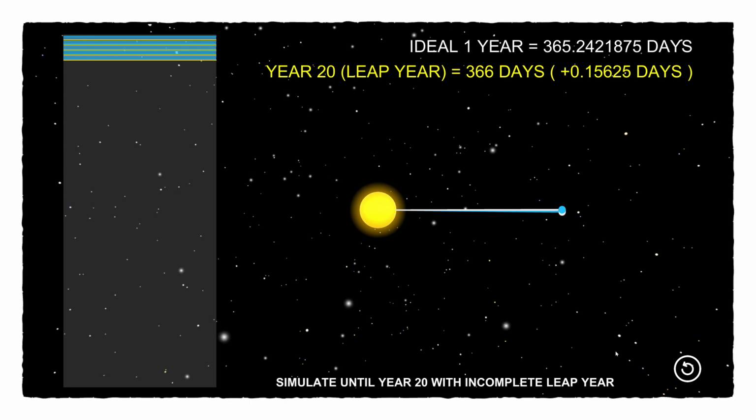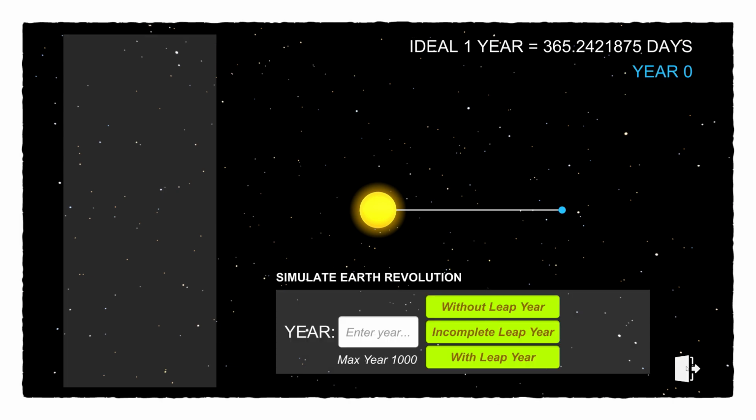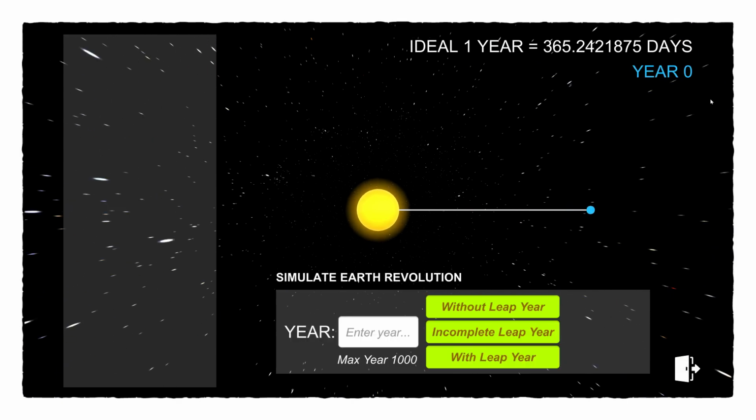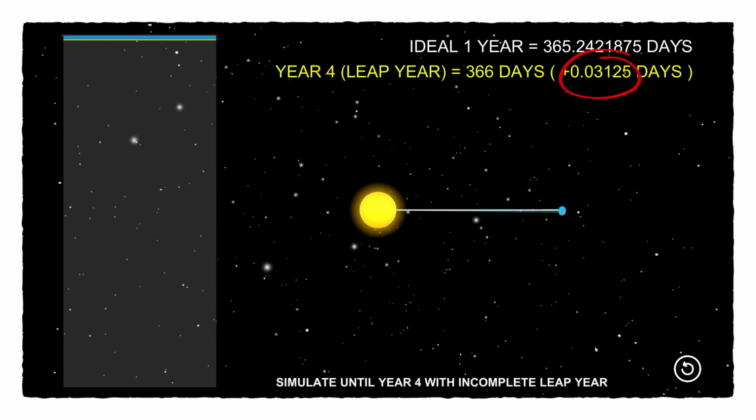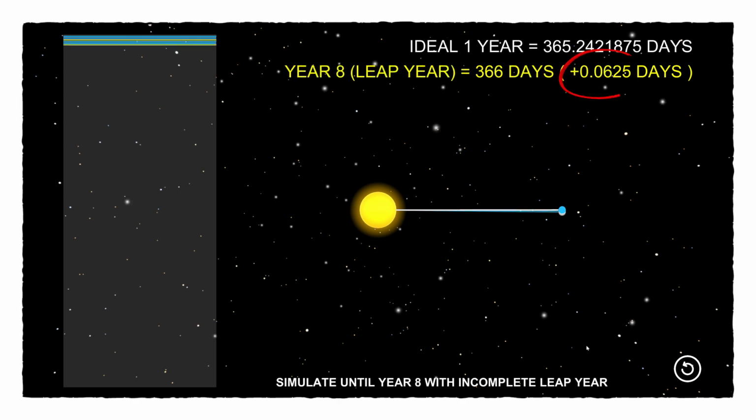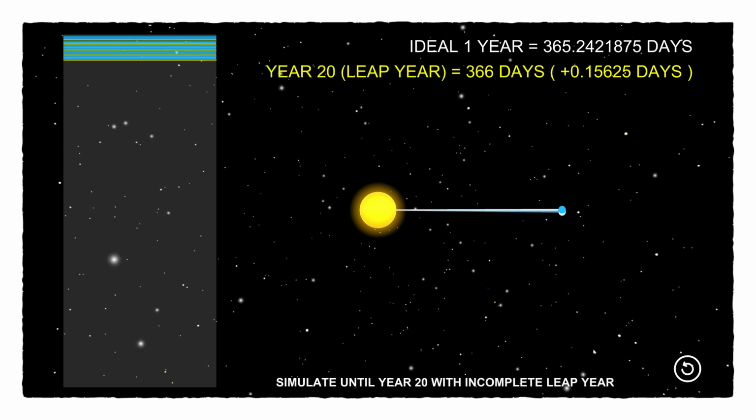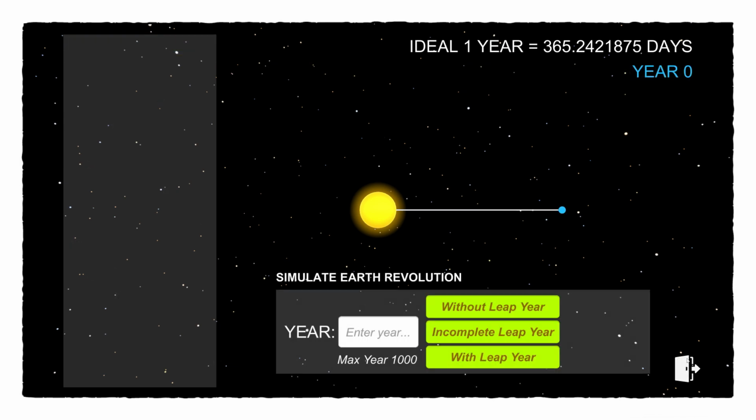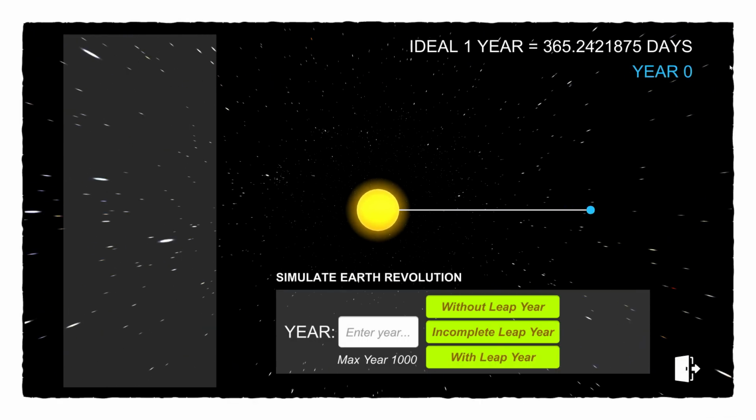Looking at this empirical data, while observing the simulation of the Earth revolving around the Sun and applying leap year, we found that the excess every leap year is increasing, although the increase is not that much when we run the simulation until year 20. But how about if we run the simulation until year 100 or even year 1000? Does this solution of adding 1 extra day every 4 years still solve the problem?